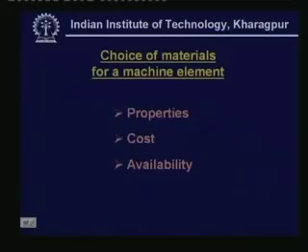Once we consider the properties and the cost, the third point, as you can see noted on the slide, is availability. Suppose you are very ambitious and have developed a beautiful material with a beautiful property, beautiful in the sense of the particular design you are going to make.